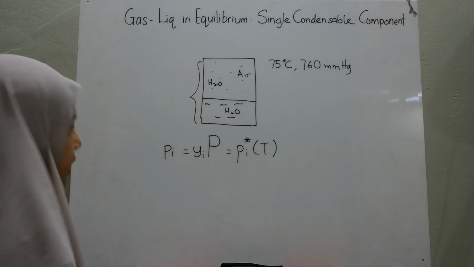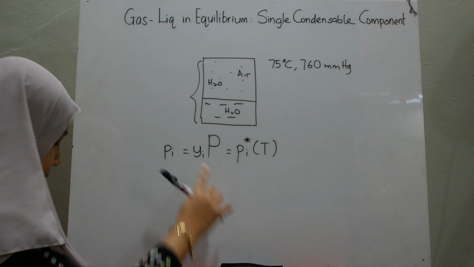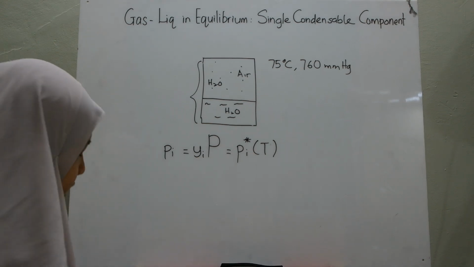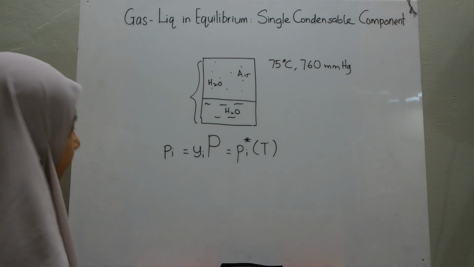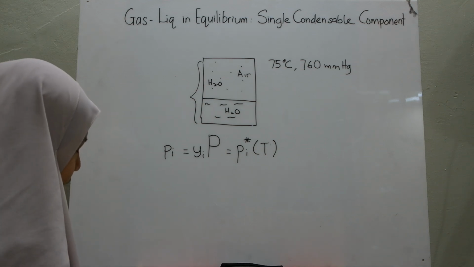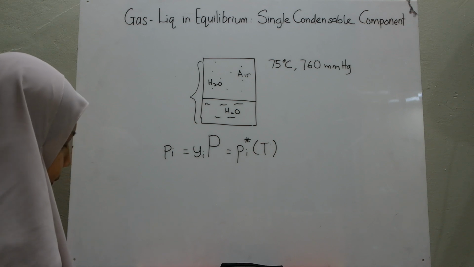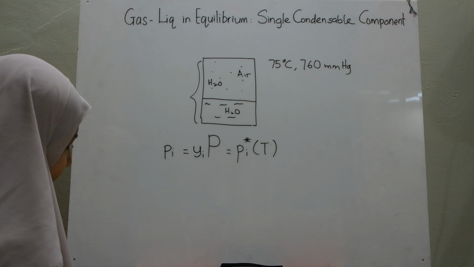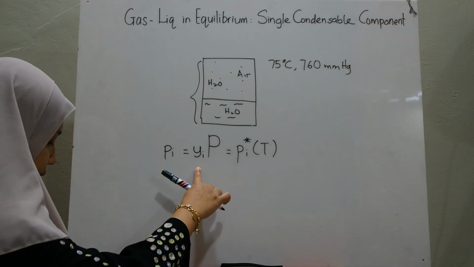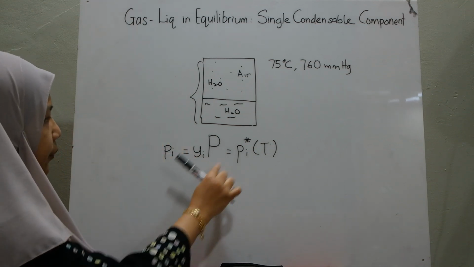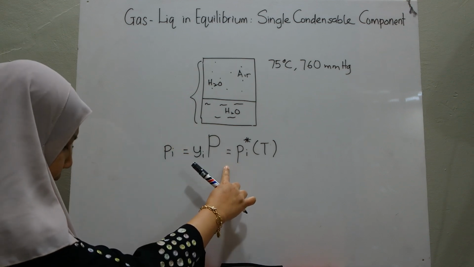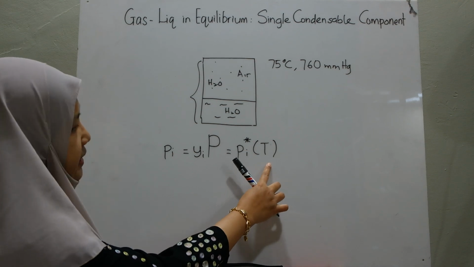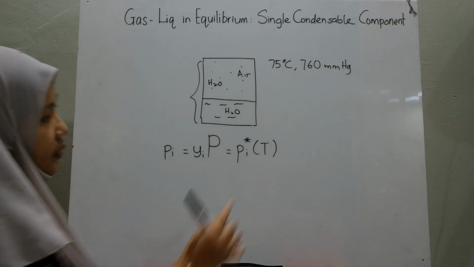whose mole fraction is Yi, and if this vapor is the only species that would condense if the temperature is slightly lowered, then the partial pressure of the vapor in the gas will be equal to the vapor pressure of that pure component at the system temperature.